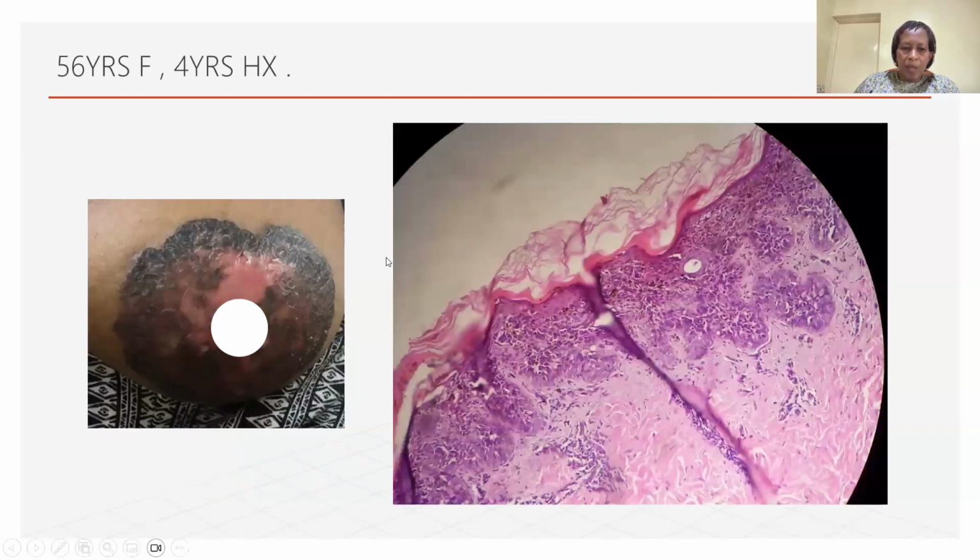And next is a female patient who had a 4-year history of a hyperpigmented dark plaque, which was somehow scaly, on the left breast. The right one was spared. So we had possible Paget disease, mammary Paget disease. A biopsy taken here showed some cell differentiation in the epidermis, which is not the usual one of epidermis.